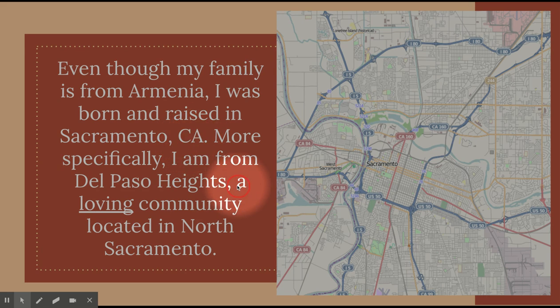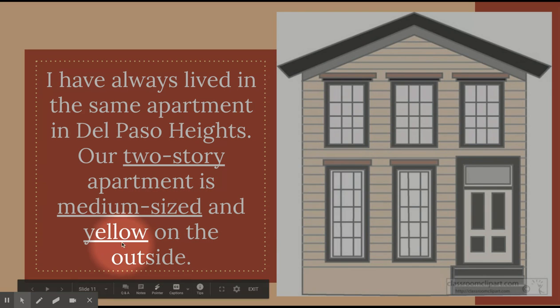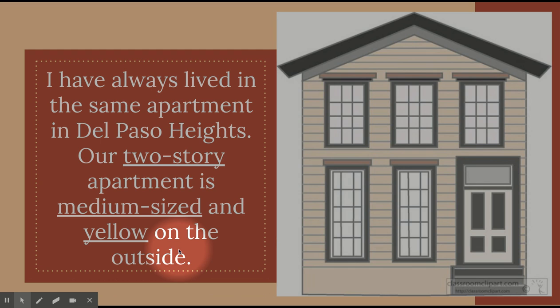Let's continue. I have always lived in the same apartment in Del Paso Heights. Our two-story apartment is medium-sized and yellow on the outside. So here I am answering the question, what does your housing look like?